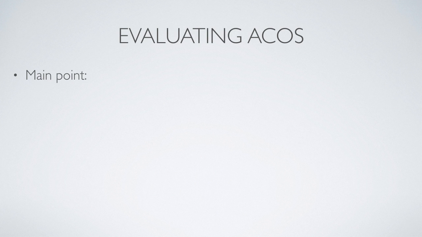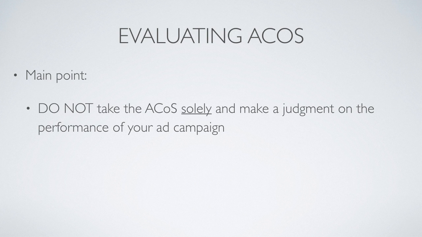So the main point here is do not take the ACoS solely and make a judgment on the performance of your ad campaign, okay? So remember when we did the example initially, and we saw that our ACoS was 50%. I spent $50 in ads and I made $100 in sales.